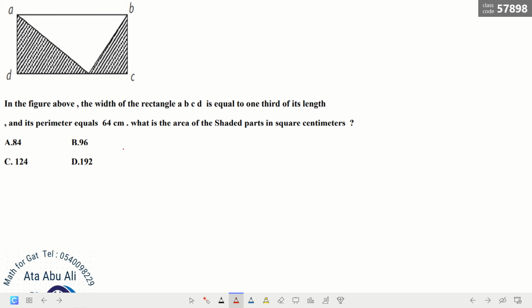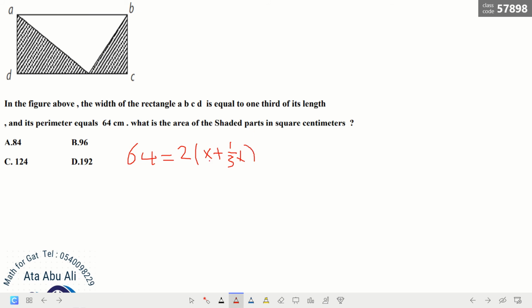So in the perimeter we know that 64 is equal to 2 times length, if I suppose this is x, plus width, which is 1 over 3 of x, because it's 1/3.